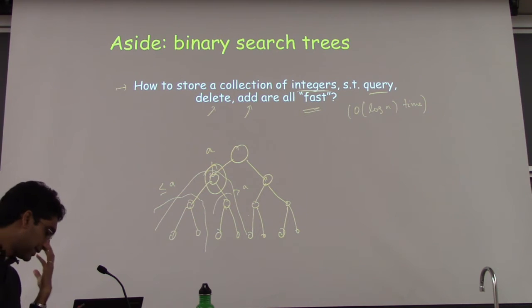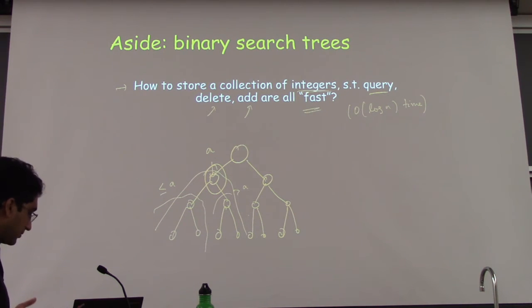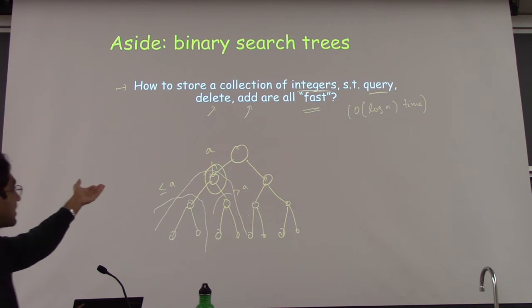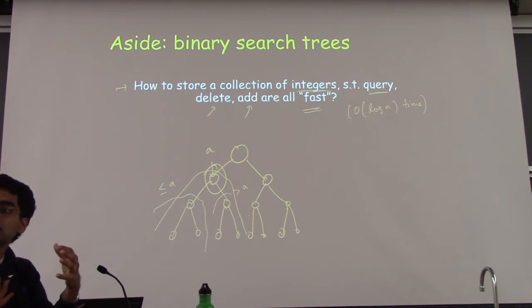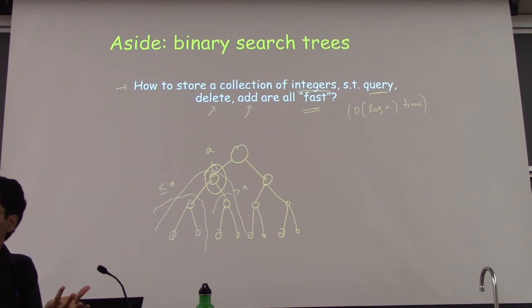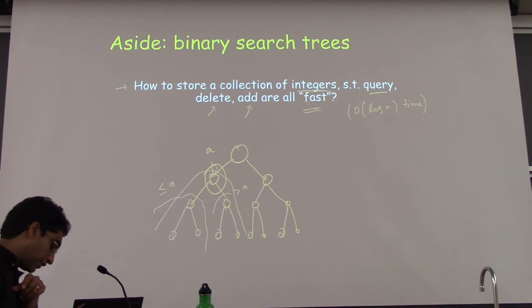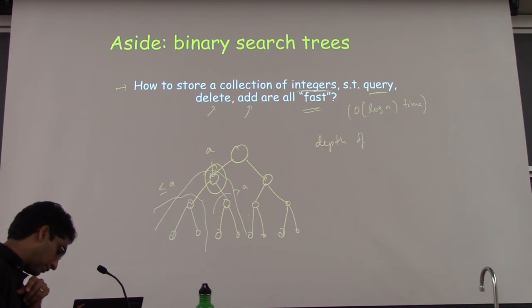And it turns out that you can very easily create binary search trees. But the important thing is you want these trees also to be what is called balanced. Okay, so you want the depth of this tree to be small. Balanced trees.